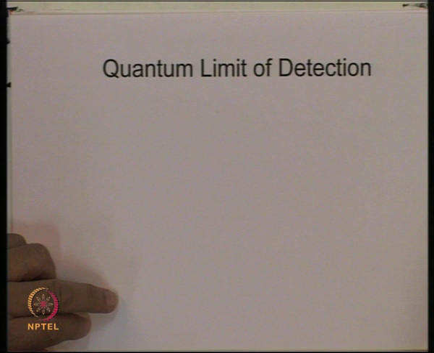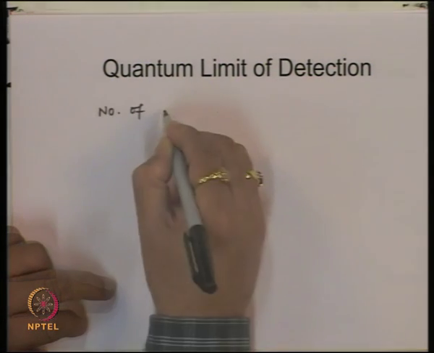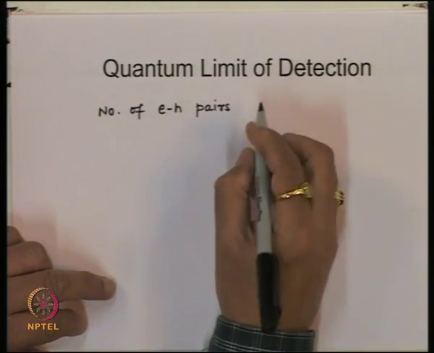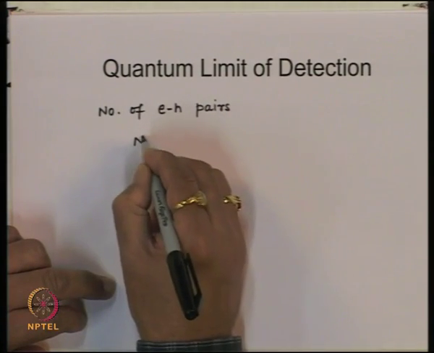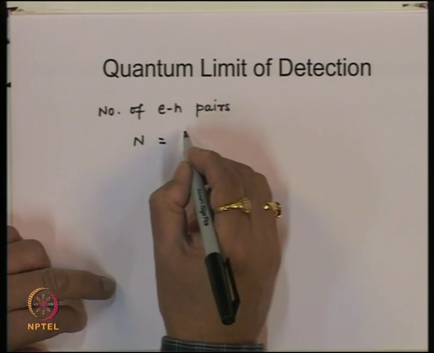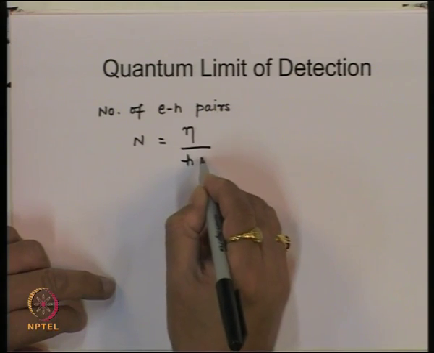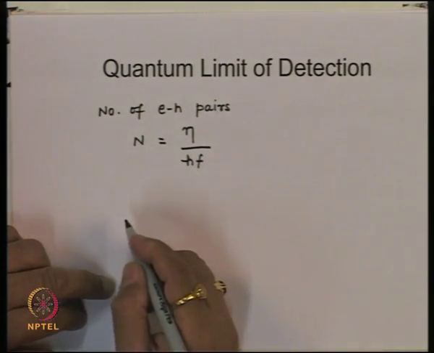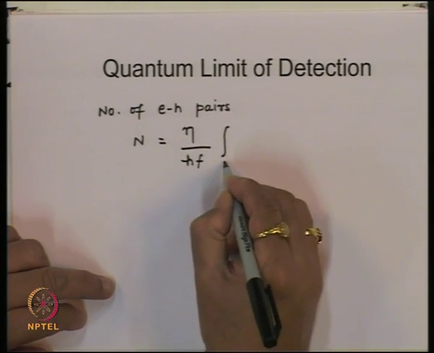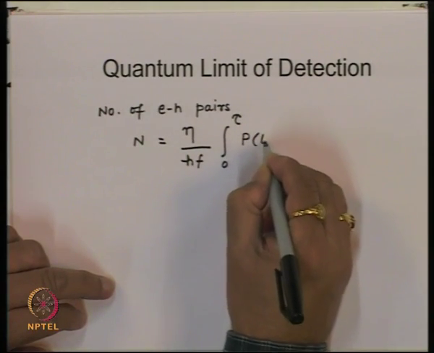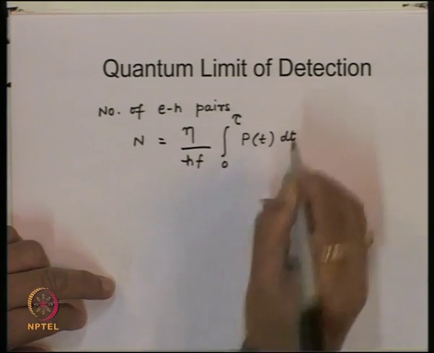So, we can say that if some Pt power was transmitted during one bit, the number of electron hole pairs generated, n, is equal to some parameter which we call quantum efficiency divided by energy of one photon, which is h into f, where f is the frequency of the photon, and you integrate the power over the bit duration, which is 0 to tau, and this is the power which you are getting as a function of time during the bit.